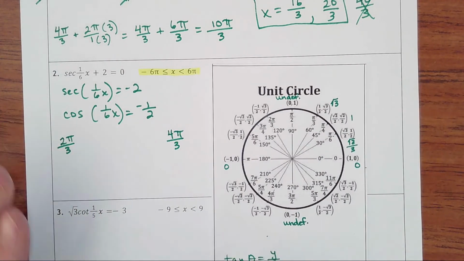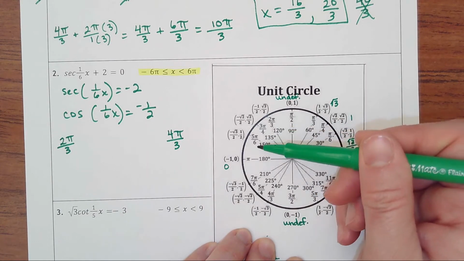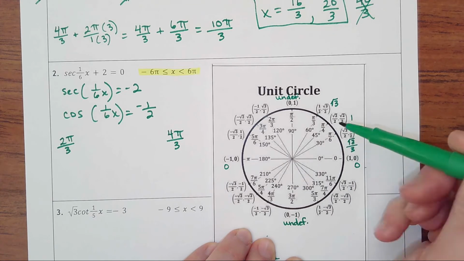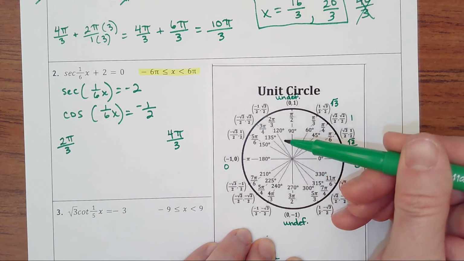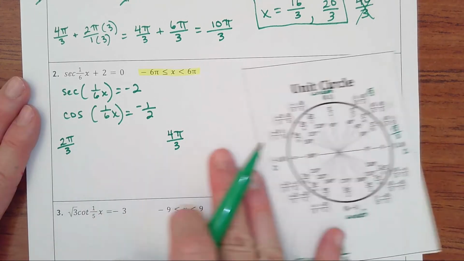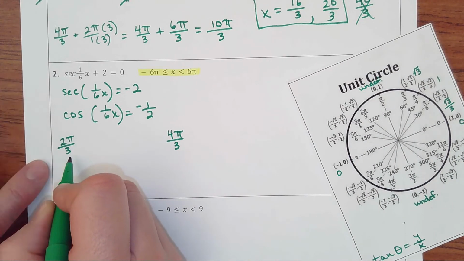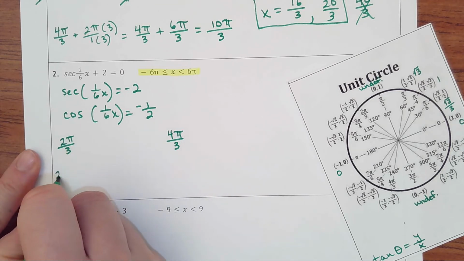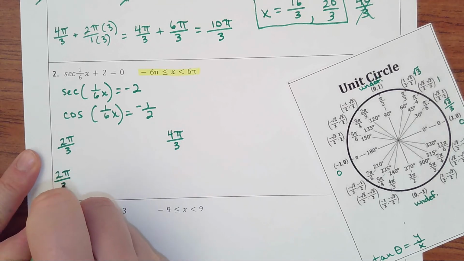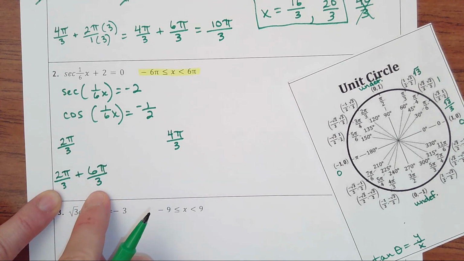Okay, so thinking about other answers, 2 pi over 3 here, think about if I go around one more time all the way to here, that's called a coterminal angle, that would still have a cosine value of negative 1/2. So I would want to add 2 pi, and I'm going to want to subtract 2 pi. So let's see, if I added 2 pi, that would be 2 whole groups of 3, that would be 6 pi over 3, right?